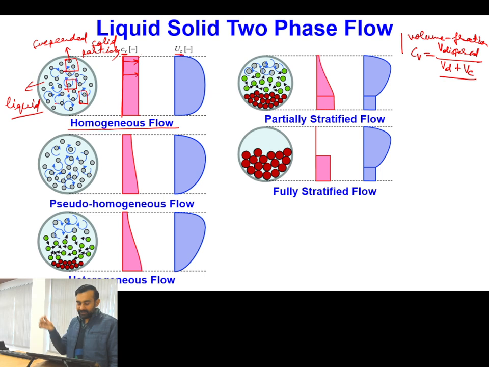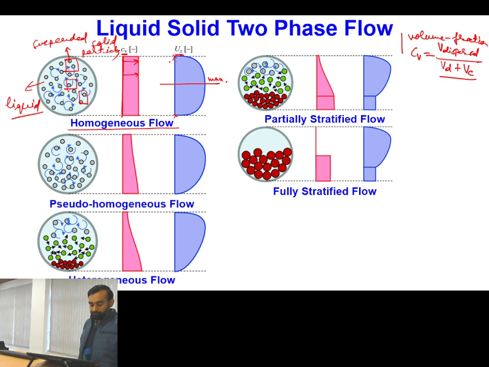If I consider the axial velocity, then the velocity distribution will also be symmetric, where maximum velocity is at the center line of the pipe, and as we move away from the center line the velocity decreases, and finally at the wall, because of the no slip condition, it becomes equal to 0. So this is my velocity profile.